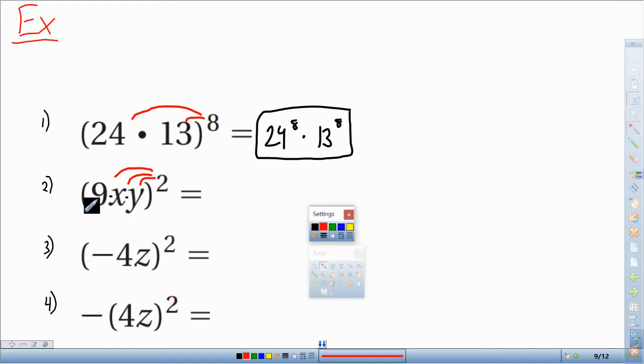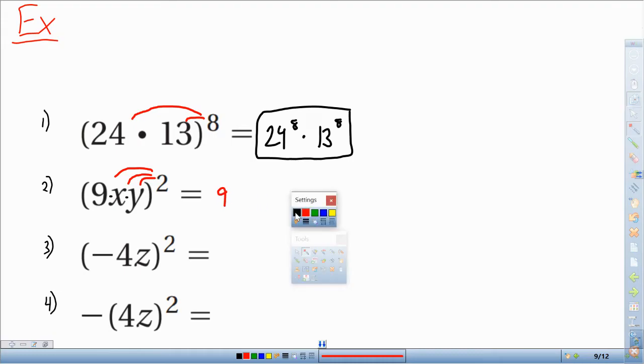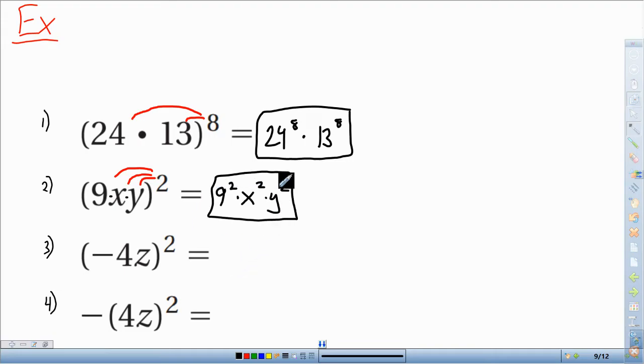So this is going to be 9 getting a power of 2 times x getting the power of 2 times y getting the power of 2. Okay, so there it is. Just one thing to point out, normally these multiplication dots would not be shown. This would normally look like this: 9 squared, x squared, y squared.